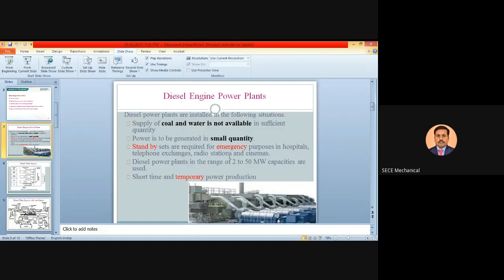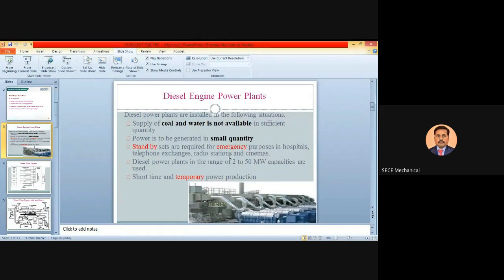The intake system and exhaust system are the same for all engines, and your power grid is a single unit. That means the power distribution system is a common point, but the power developing source is individual. So each engine is coupled to one alternator or generator.